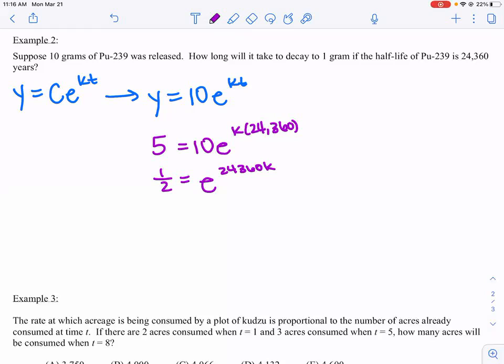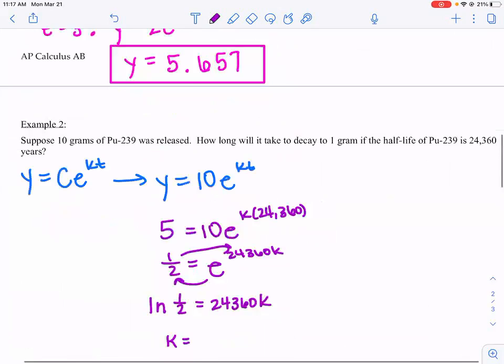All right, so let's figure this out. Let's do our little swoopty swoop. The log base e of 1/2 equals 24,360k. All right, what do we get?